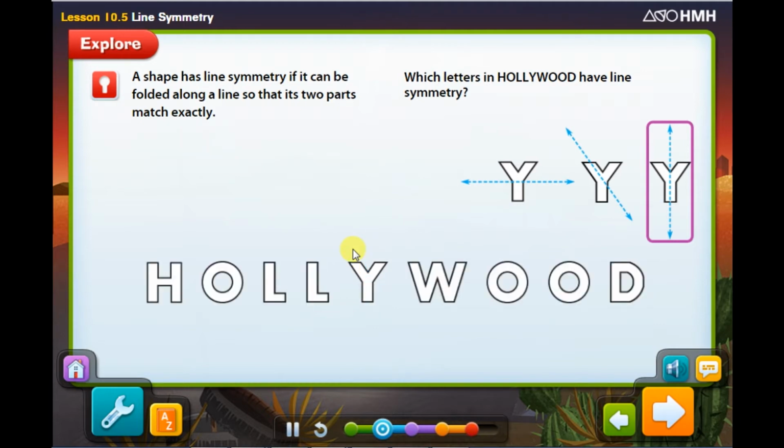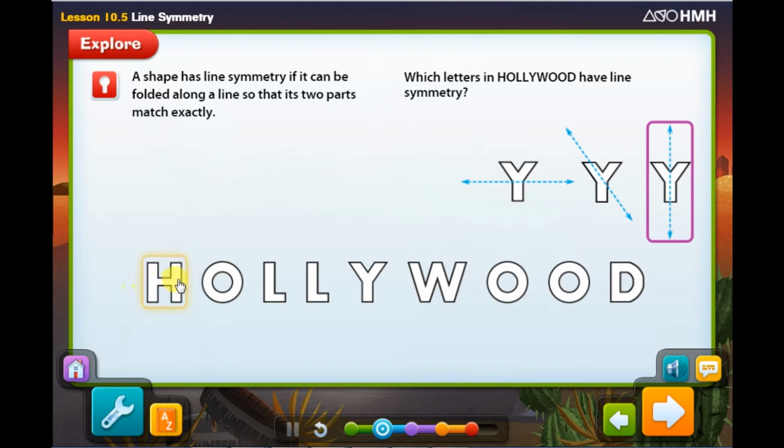Now decide if any other letters in the Hollywood sign have line symmetry. Can H be folded into two identical parts? Let's see. If I put the line of symmetry vertically here, it creates two exact parts. Yes, this part is exactly this part. It's like looking in a mirror.